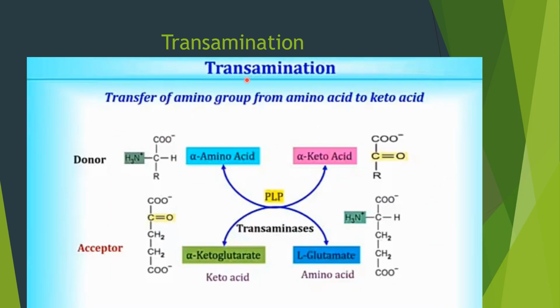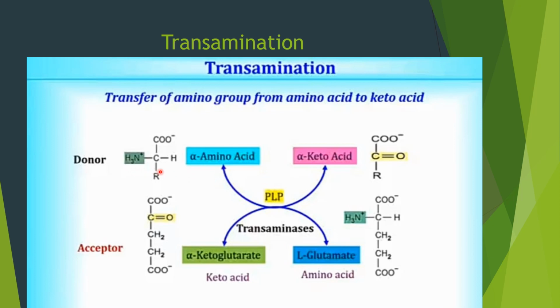Transamination. Transamination is defined as the transfer of amino group from amino acid to keto acid. For example, here a general amino acid is shown and it contains an NH3 amino group.